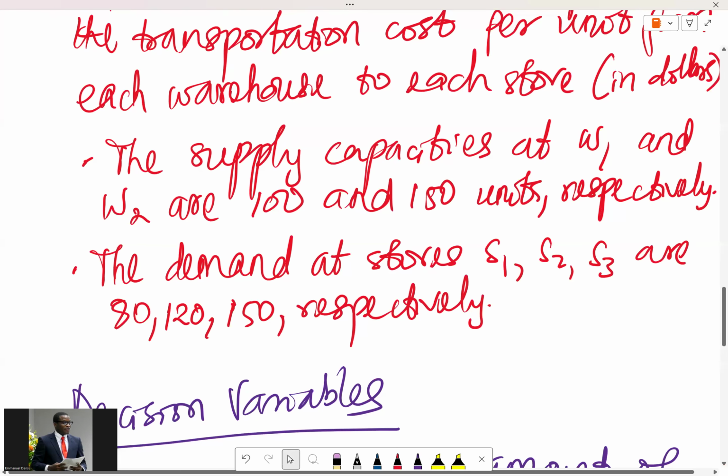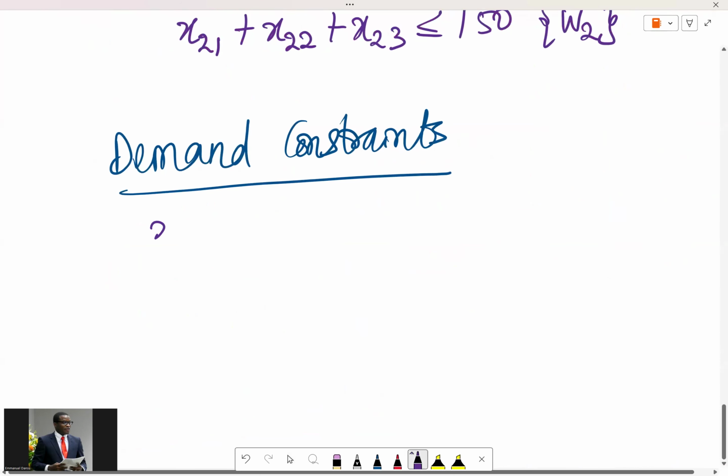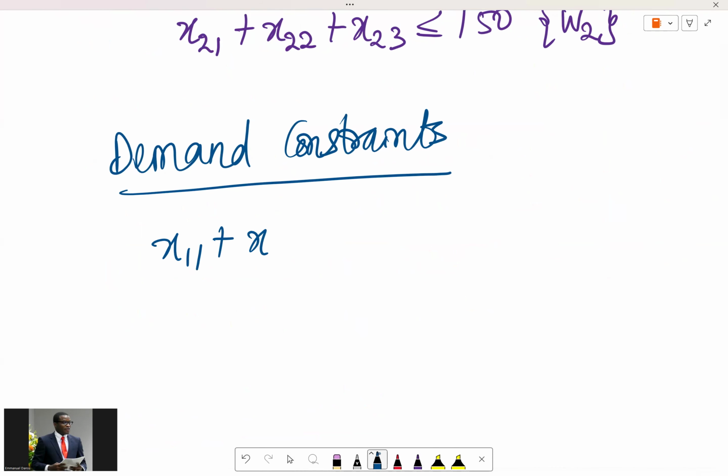That means for the demand constraints, we have X11 plus X21 equal to 80. If you combine what the stores are requiring, it has to be 80. The amount of product shipped to each store must meet the store's demand, while the amount shipped from each warehouse cannot exceed the supply of the warehouse.